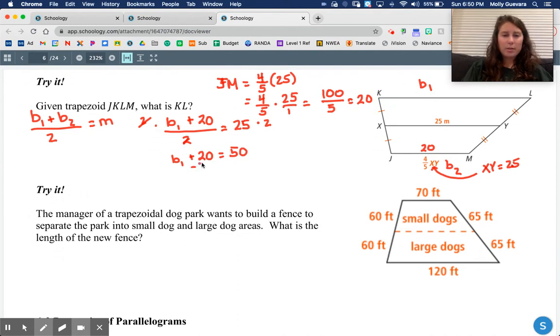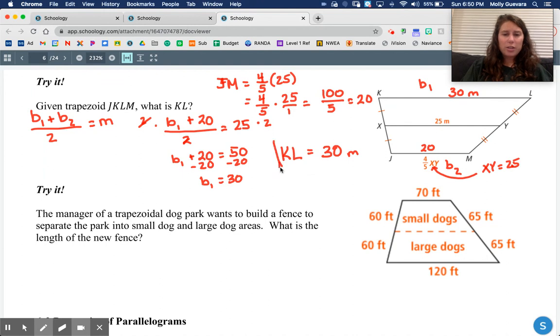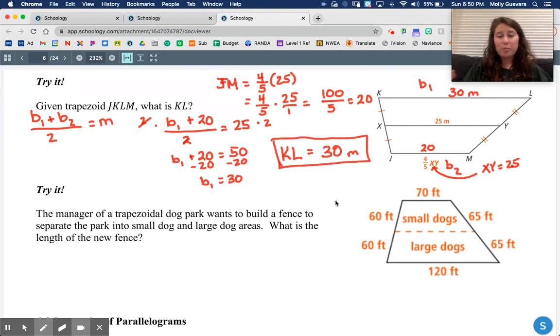I'm going to subtract 20, subtract 20, and I get B1 is equal to 30, which is what I was trying to find. What is the length of KL? It's 30 meters. So K to L is 30 meters. So it's just your one base plus your other base divided by 2 gets you your mid-segment.